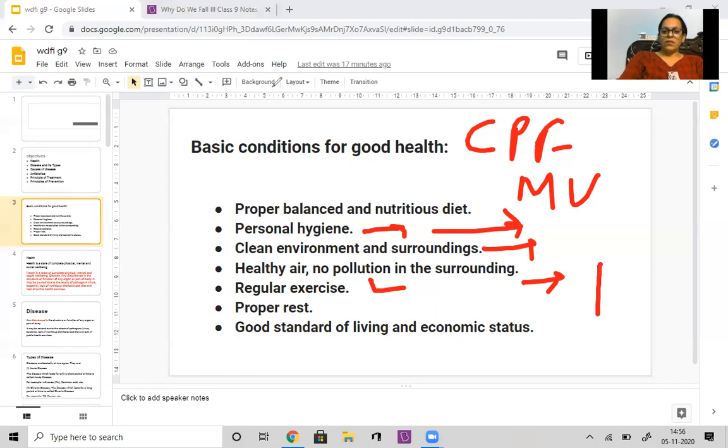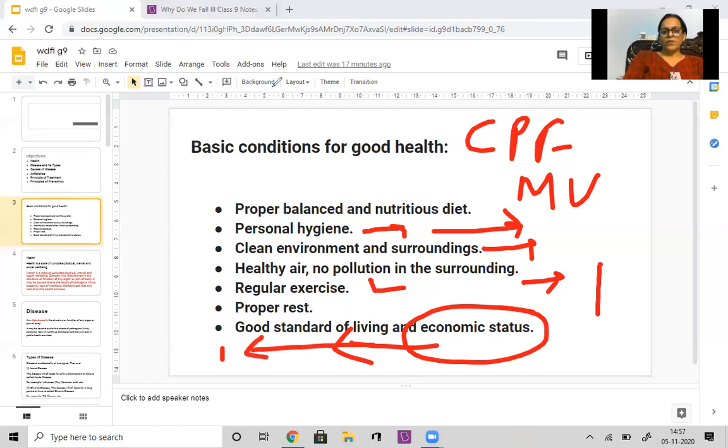So this economic status is important. If a person does not have money, what happens to that person? Sometimes they fall sick, because this is also required for good health, right? This is a part of good health. I hope you understood.